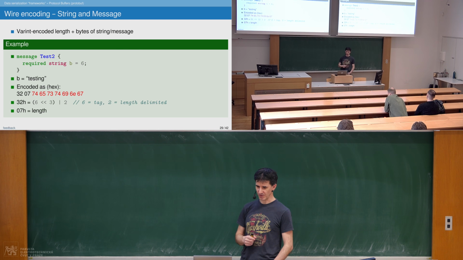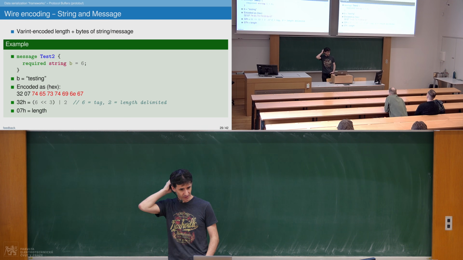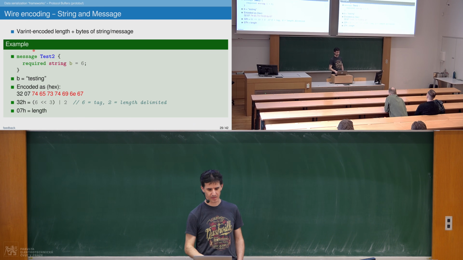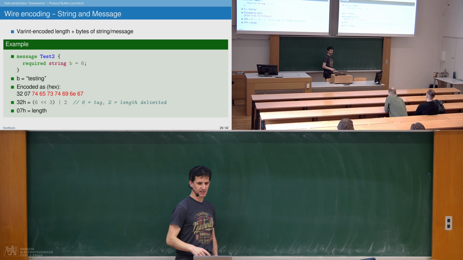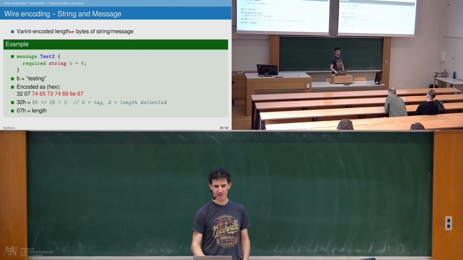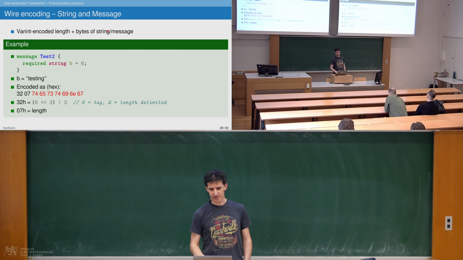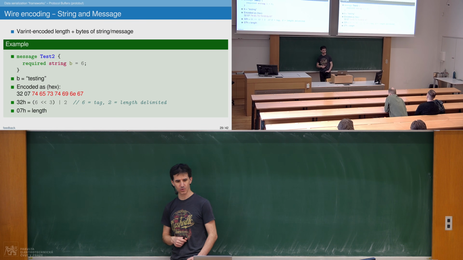And now the last important data type in protocol buffers is string and messages, and these get encoded as first we specify the length of the message, again as a var-int, and then the amount of data in the string or a message.